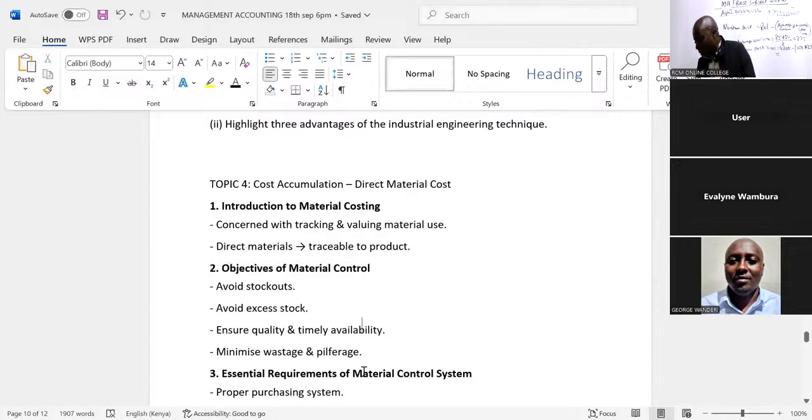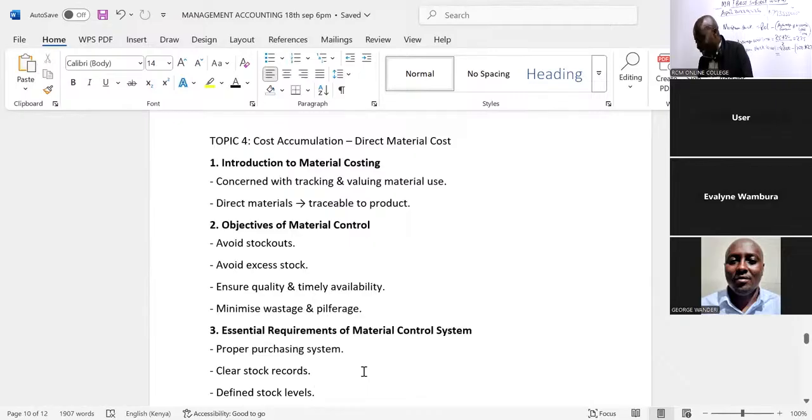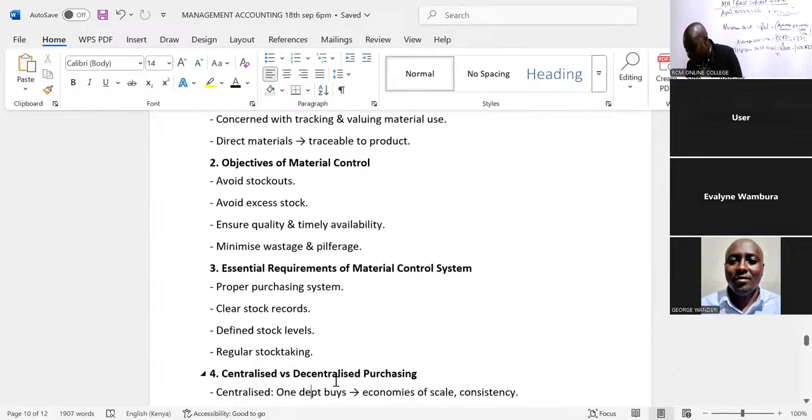When we have a material control system, what do we expect this system to have? Number one, we have a proper purchasing system, like in government today, they're talking of e-procurement, isn't it? So proper purchasing system, clear stock records, well-defined stock levels, regular stock taking.